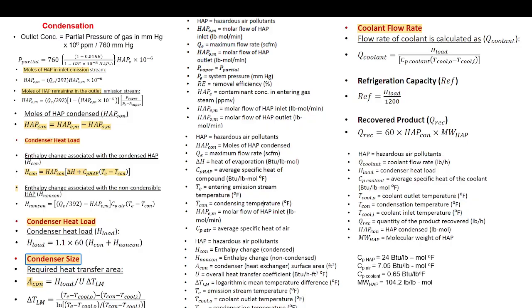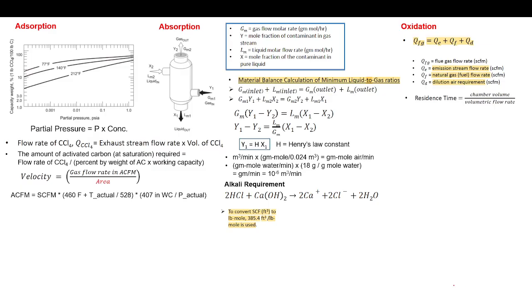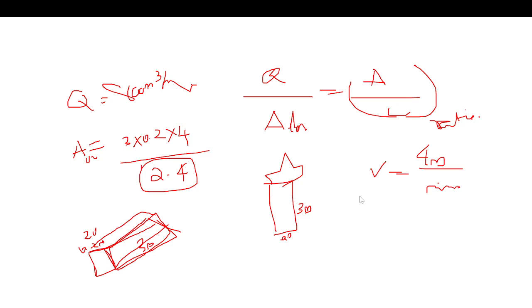I'm going back to the fabric filters. Pressure drop also not given, right? They have given directly Q and V. That itself is enough, right? So if I know the Q, check the unit.